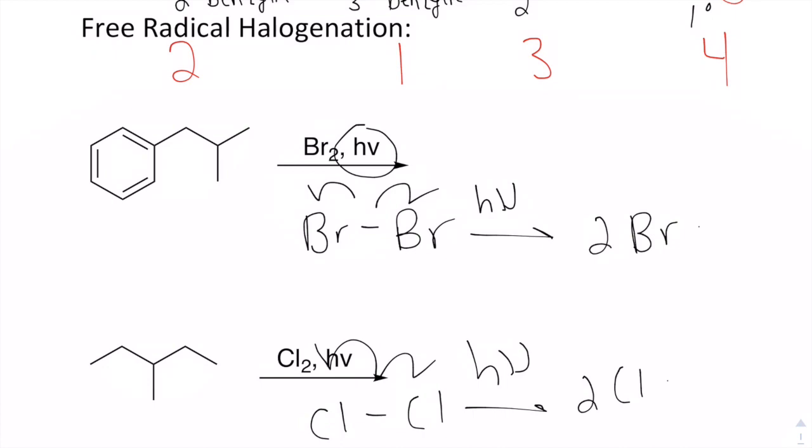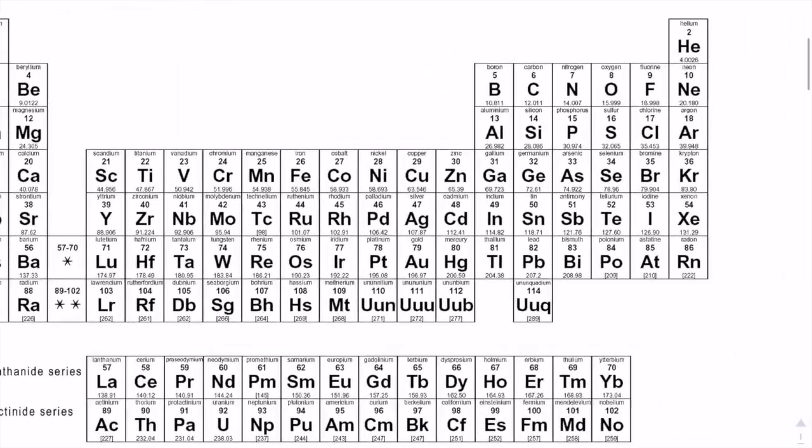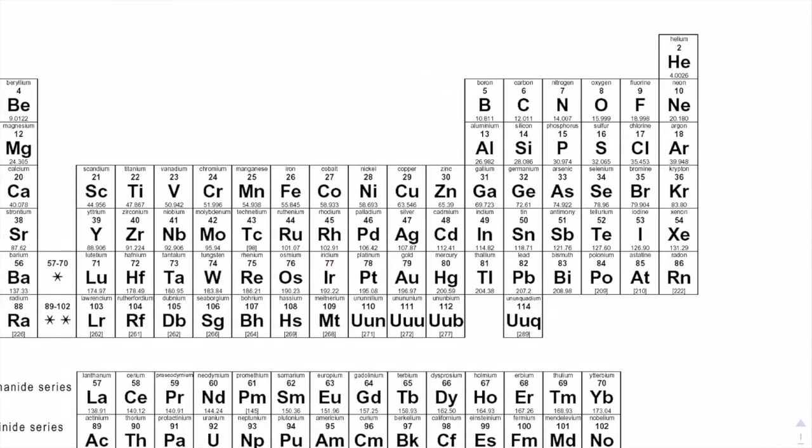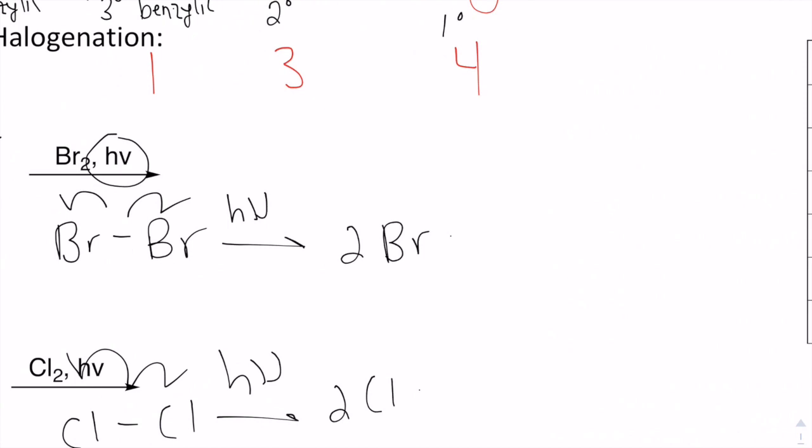What's the difference between bromination and chlorination? If we look at our periodic table, we can see that bromine has a larger ionic radius than chlorine does, because as we go down the periodic table, we have more and more shells. So we have this single unpaired electron radical, and the more space or the more atomic orbitals there are, the better it is at accommodating that extra electron.